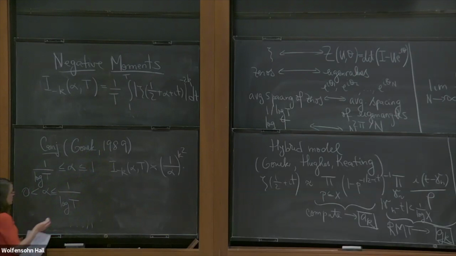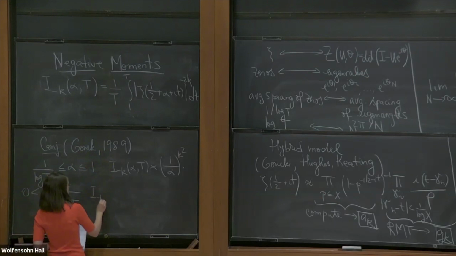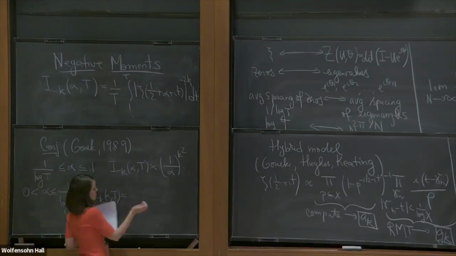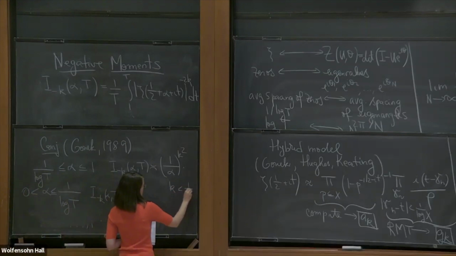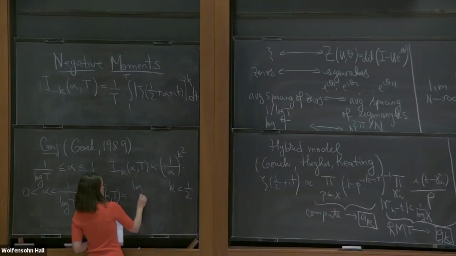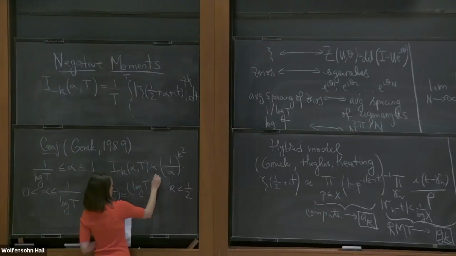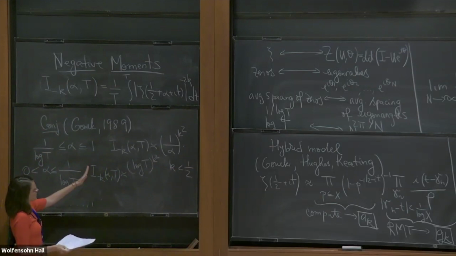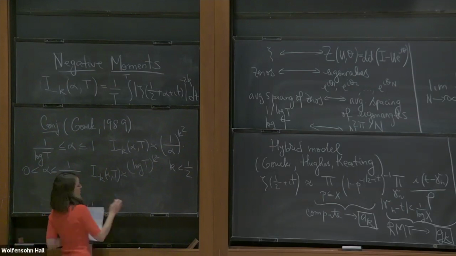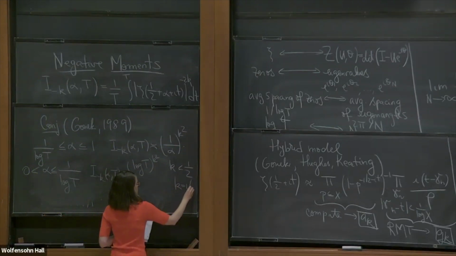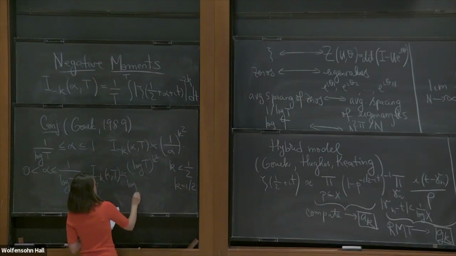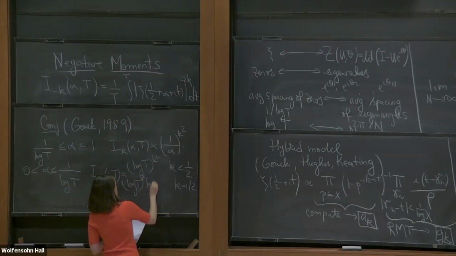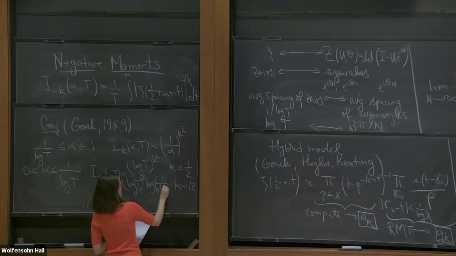So here the conjecture is the following. Gonek predicted that this is of size, depending on how big k is. If k is less than 1/2, he predicted that this is of size log t to the k squared. Now, if k is equal to 1/2, he predicted that there is a certain logarithmic correction to this formula: log t to the k squared times log of 1 over alpha log t.